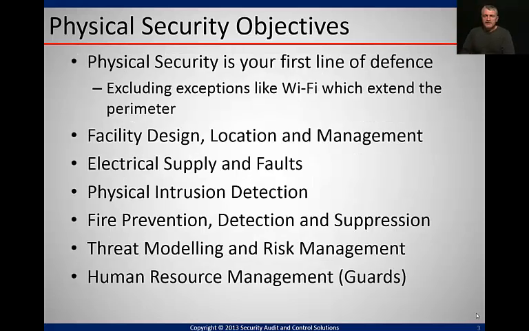Now, when we look at physical security, it is really our first line of defense within a data center. However, when we put down Wi-Fi access points without authorization and without going through a process, it does extend our perimeter and does increase the threat to our environment without us considering it.